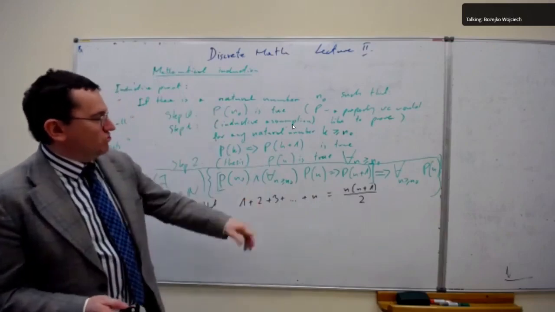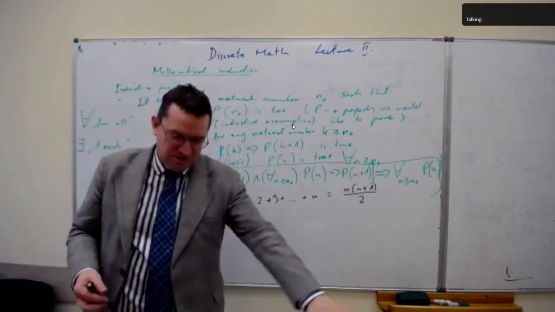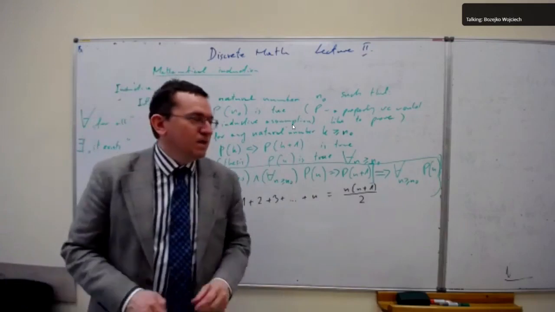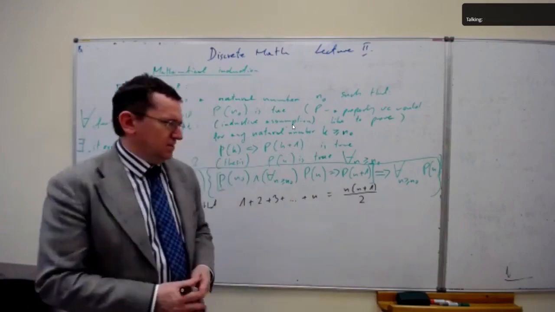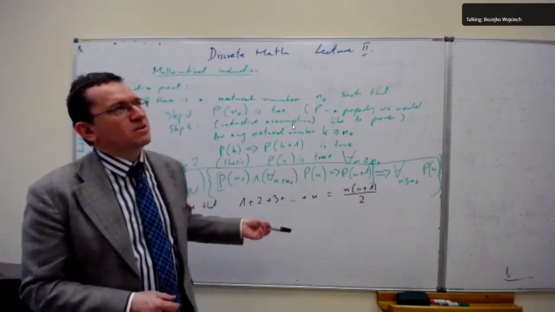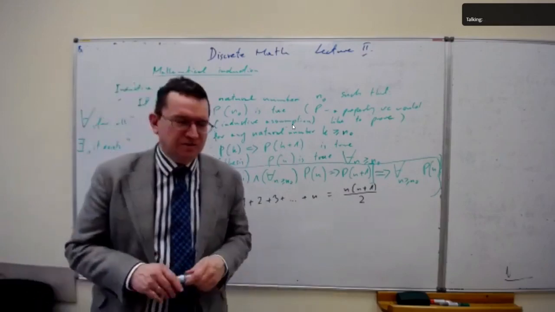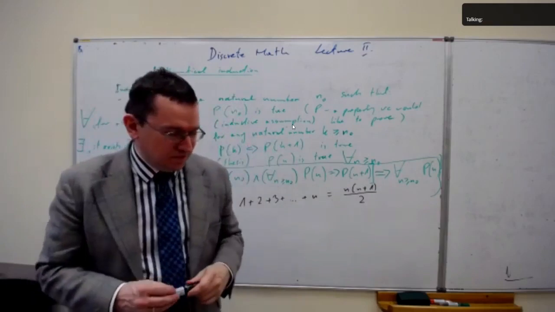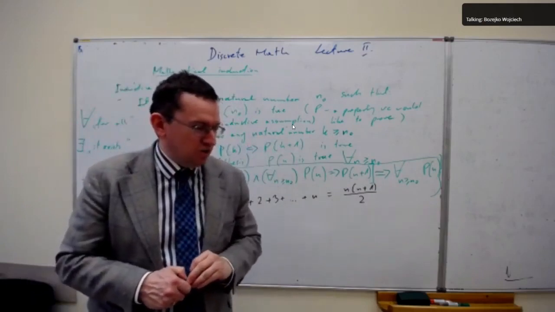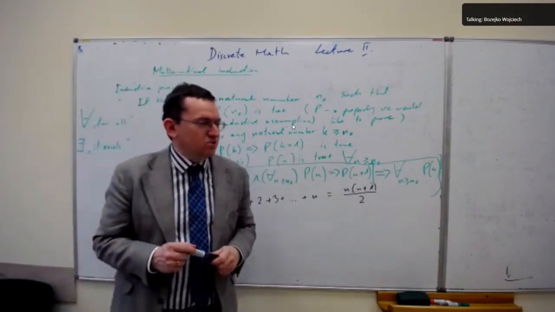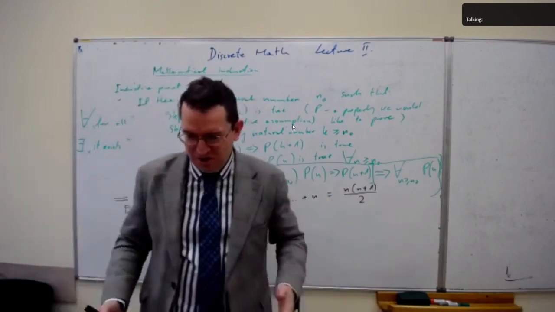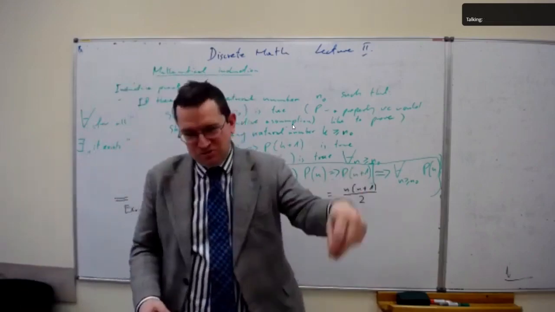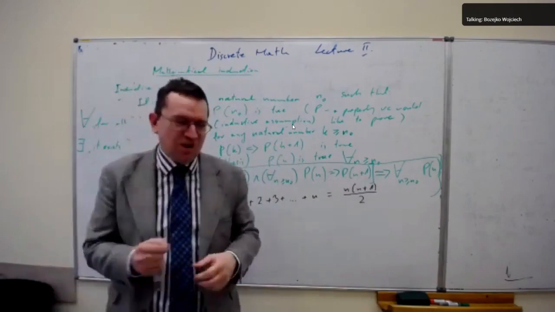But after 2 or 3 minutes, Gauss, 7 years old, showed the result. As I remember, it was 5,050 or something. It was very strange for the teacher, because he assumed that it takes an hour to calculate the sum 1 plus 2 plus 3 plus 4 and write it.